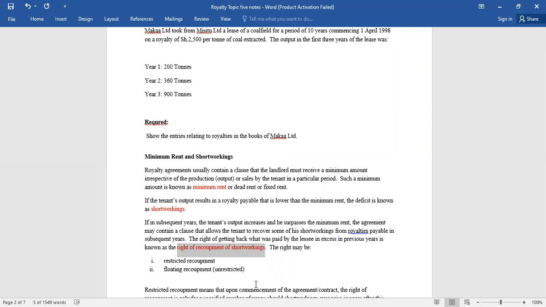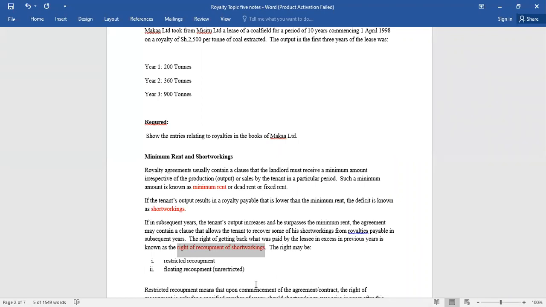If there were any shortcomings in year 1, we were supposed to have recovered it in the subsequent year. If not in the subsequent year, it will end there. Remember, I've said our restriction is on 2 years. So year 2 can only go to the subsequent year 3. Are we there? That's how the restricted recoupment occurs.